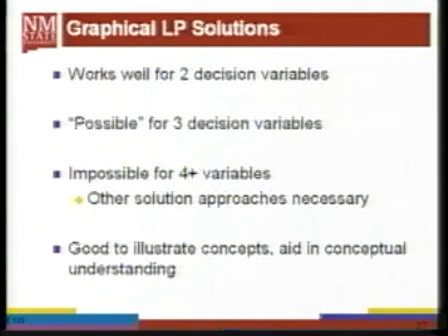Because you need to deal with 3 dimensions instead of 2 dimensions, right? But still, it does work for the 3 decision variable case. And actually, it's impossible for the case with 4 or more decision variables, right? However, at least the graphical method is very good to illustrate the concepts and aid in conceptual understanding and so on, okay?